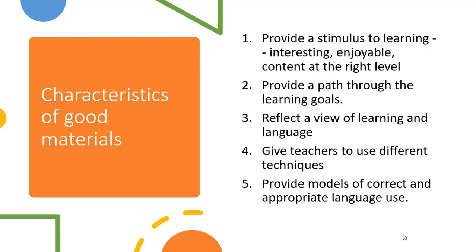Next, the books should provide a path through the learning goals. So the learning objectives are arranged in such a way that they learn from the simplest one, and then the content of the books leads them to the more challenging learning goals. So it is well arranged. It has good structure.